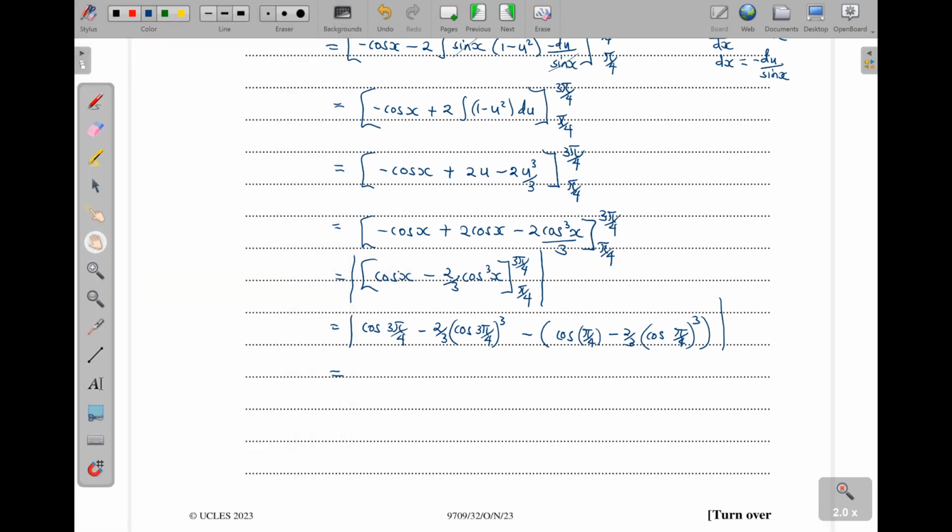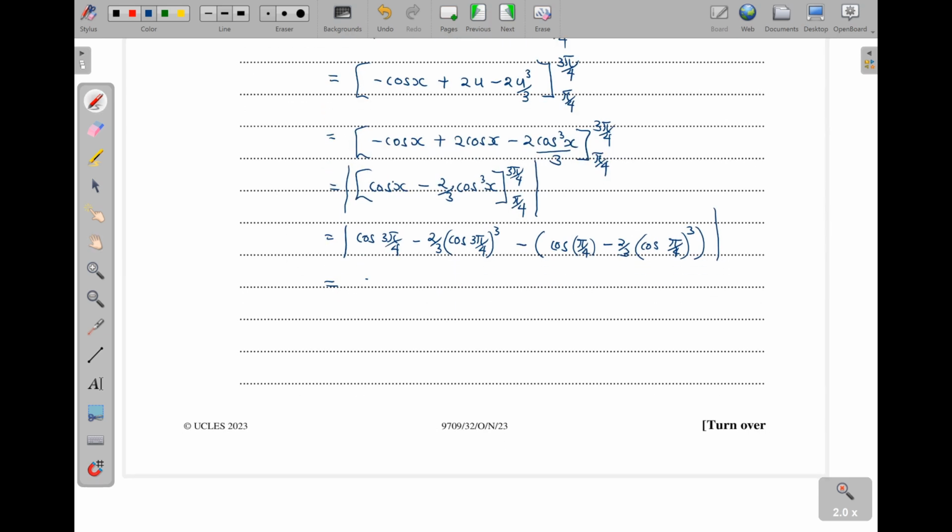Now I'll come here and write negative root 2 over 4. Then we have this one here, it is minus 2 over 3 times, it gave us negative root 2 over 4. Then we subtract. This one here is root 2 over 2. Then minus 2 over 3.